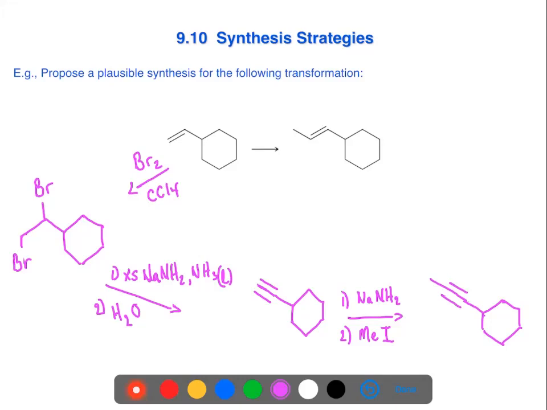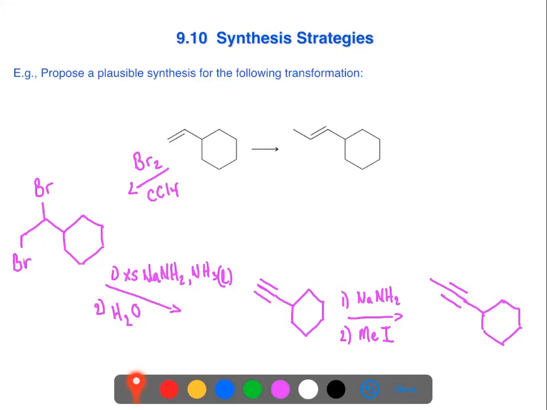And now we're very close to our target molecule, but we will have to reduce this alkynyl group to the alkenyl group. Now note that what we produce here is a particular stereoisomer. It's the trans isomer, not the cis. And so if we want to control that stereochemistry, we have to choose specific reduction reagents.